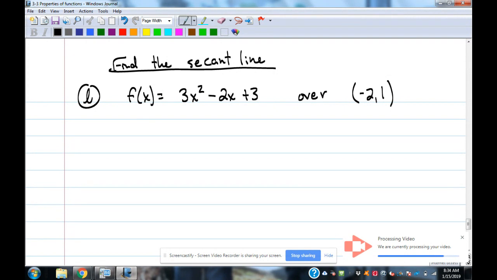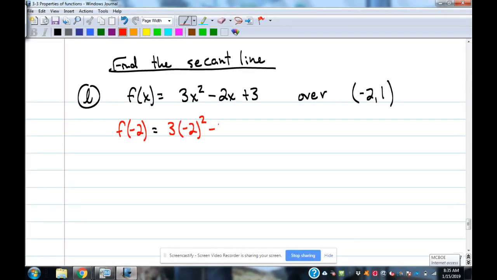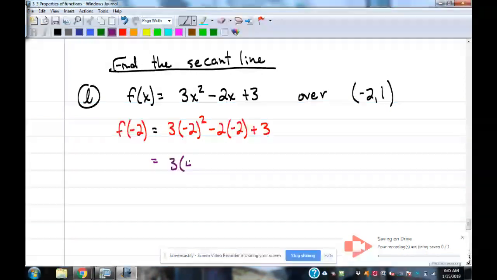Plug in the x's so that we can find the slope. That's exactly right. So what am I plugging in for x? So plug in -2, work that out. Three times 4 plus 4 plus 3. 12 plus 4 plus 3. 16 plus 3 is 19.